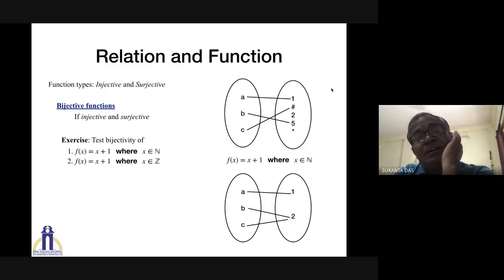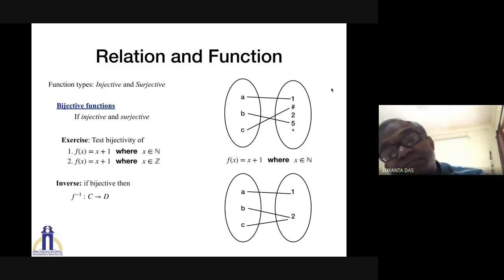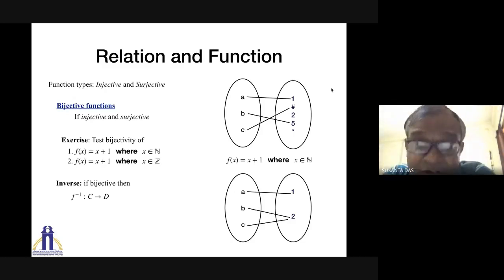Now, when a function is bijective, then we can get an interesting property, the inverse. So if f is a bijective function here, then I can get the inverse of f. We generally write the inverse as f to the power minus 1. This is the traditional way of representing an inverse function.